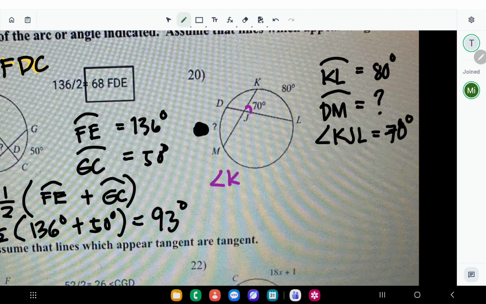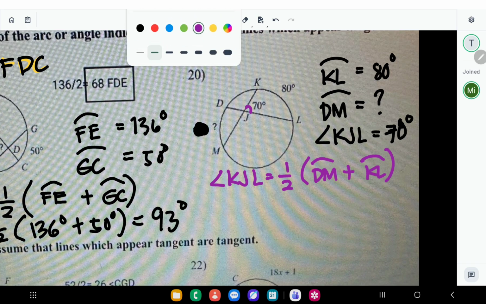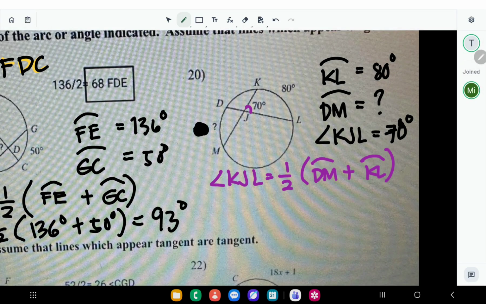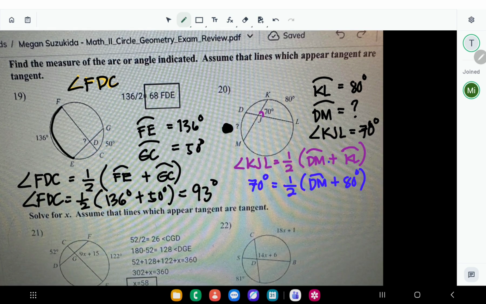So angle KJL is equal to 1/2 of the sum of arc DM plus arc KL. So we plug in the values: angle KJL, 70 degrees, equals 1/2 times arc DM plus 80 degrees.